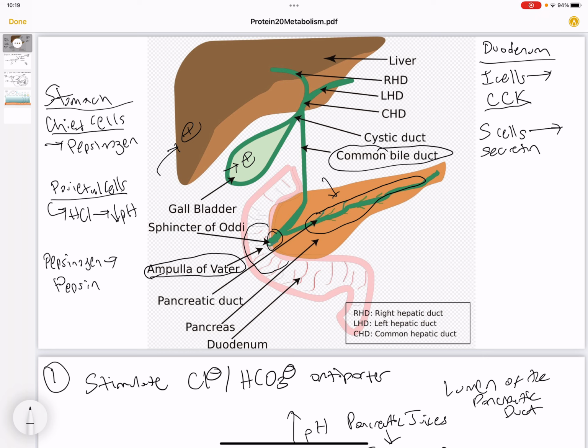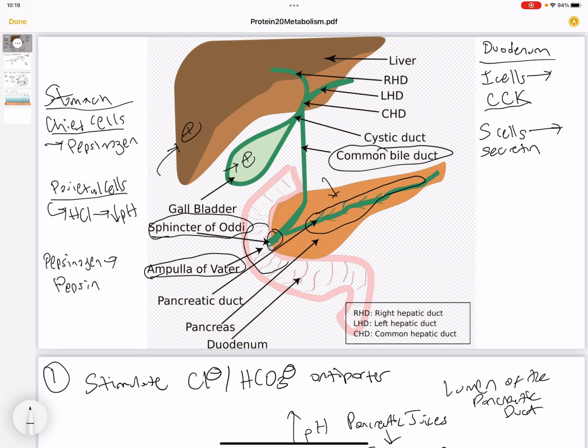So the third thing that the cholecystokinin hormone does is that it is going to relax the sphincter of Oddi, which is going to allow the bile as well as the pancreatic juices to enter the duodenum.